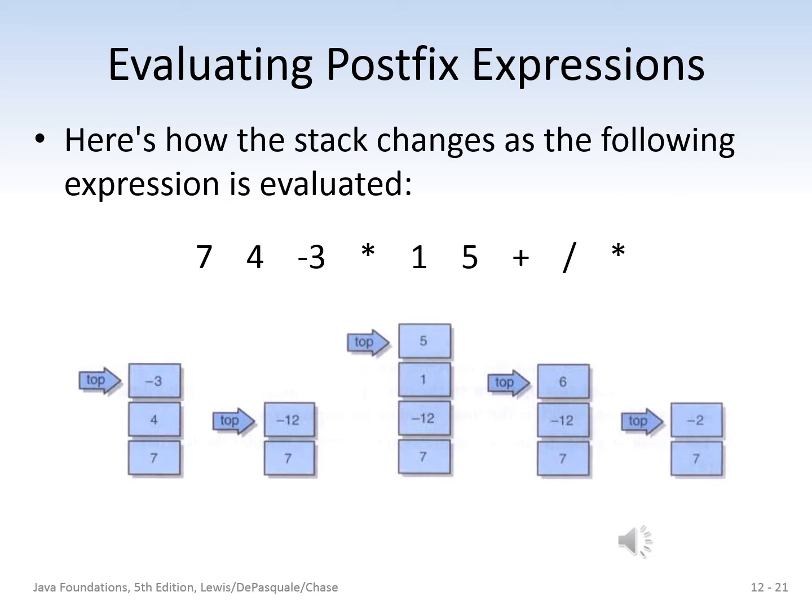So hang on, there's a lot of moving parts to this slide in which we evaluate this postfix expression. And what you have is the postfix expression 7, 4 minus 3 asterisk 1, 5 plus slash asterisk. And then we're going to move from state to state to view the stack. So we don't get to an operation until after we've pushed a 7, pushed a 4, and pushed a -3 onto the stack.